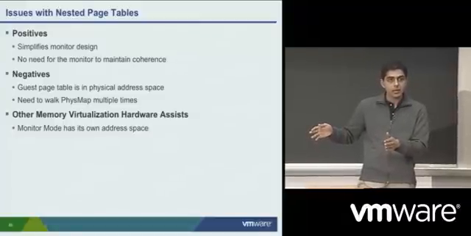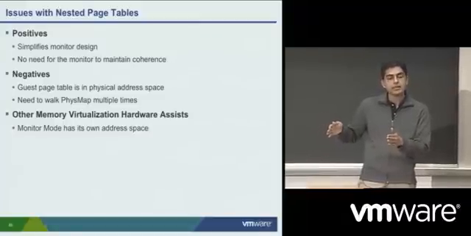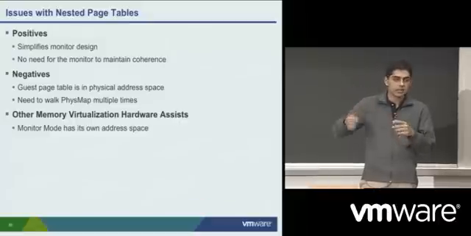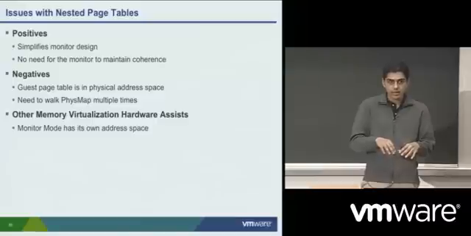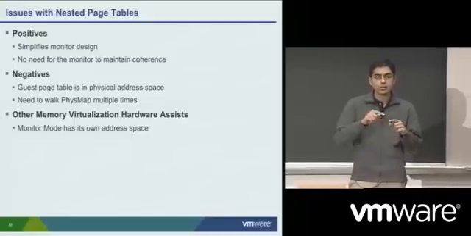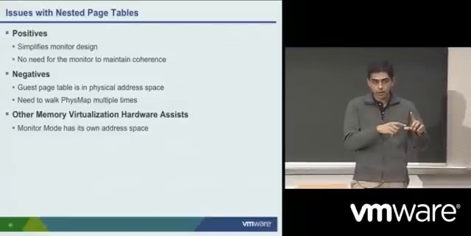Only when the shadow page table is invalid does the monitor have to do a walk of the guest page table and install a valid mapping in the shadow page table. When there's a valid mapping in the shadow page table, everything is fine, because the hardware only has to walk through the shadow page table, and that's not a quadratic walk.